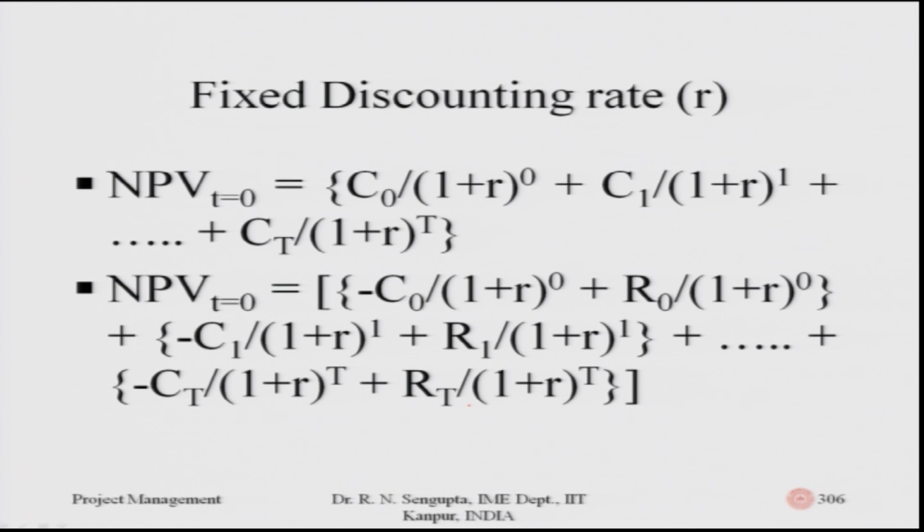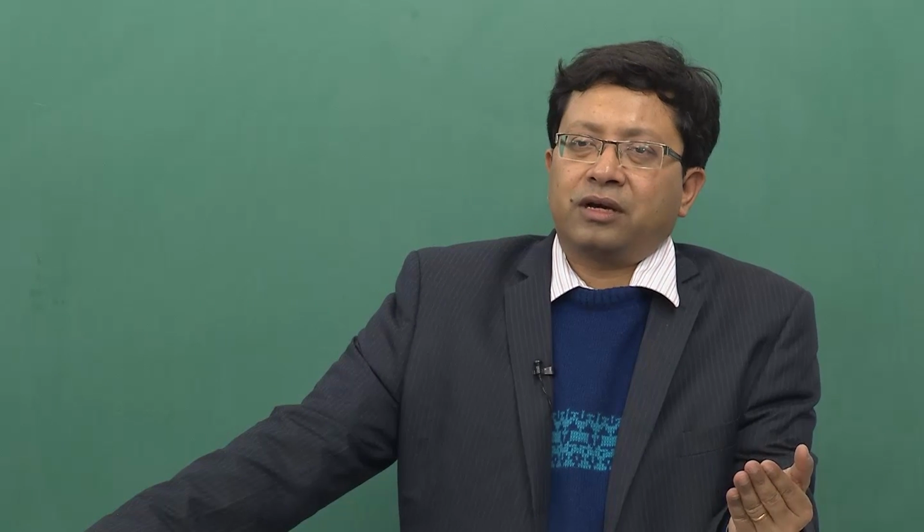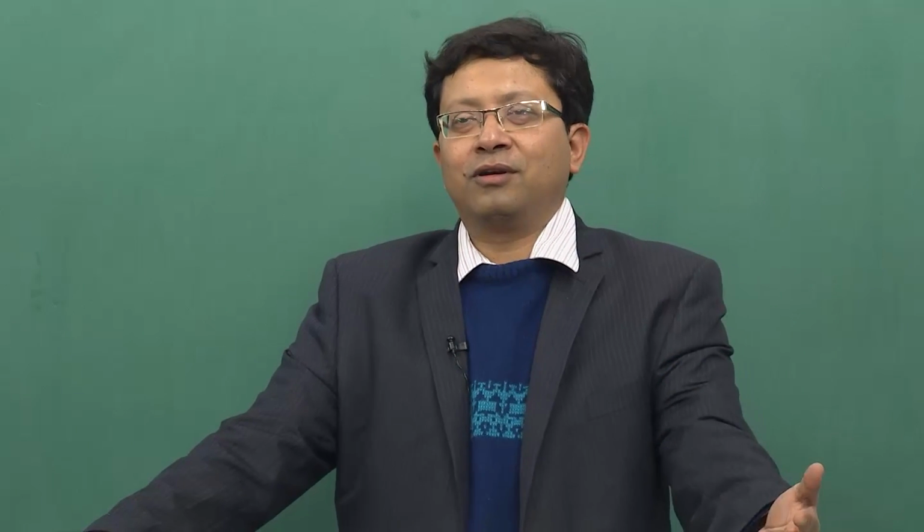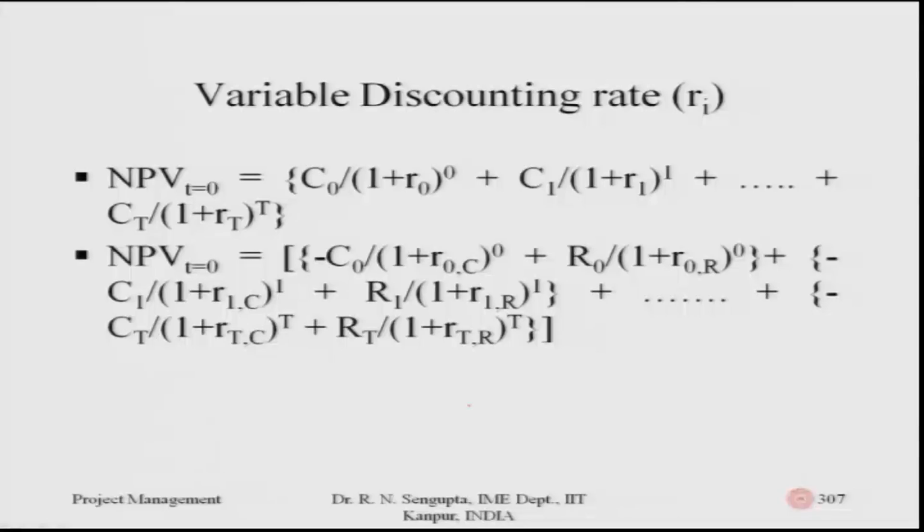If you see, the interest rate in both these cases is the same, which is R, which may not be true, as I mentioned, if you go to the bank and take a loan, or go to the bank and deposit money, or for example, when you go to the SBI's foreign exchange counter, you go and deposit euros, or you go and take some euros out for your travel abroad or vacation abroad, whatever it is.